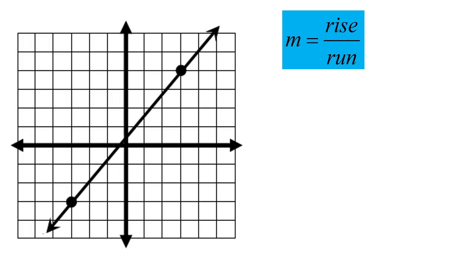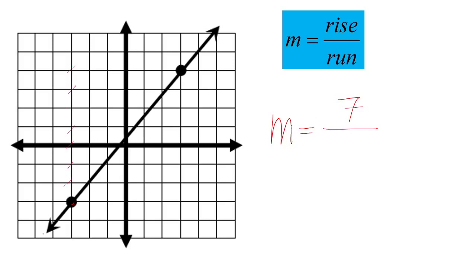So, come on, you do the counting. What is or how much is the rising? How much is the rising? 7. Let's verify. This is 0. 1, 2, 3, 4, 5, 6, 7.